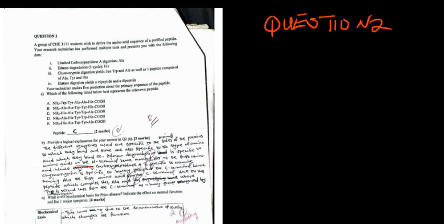Question 2, A. Here it says a group of chemistry 3111 students, which is biochemistry, wish to derive the amino acid sequence of a purified peptide. Your research technician has performed multiple tests and presents you with the following data.